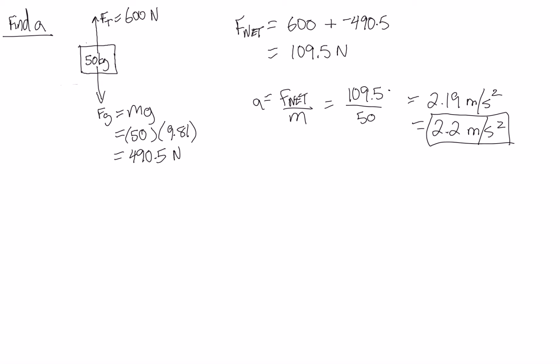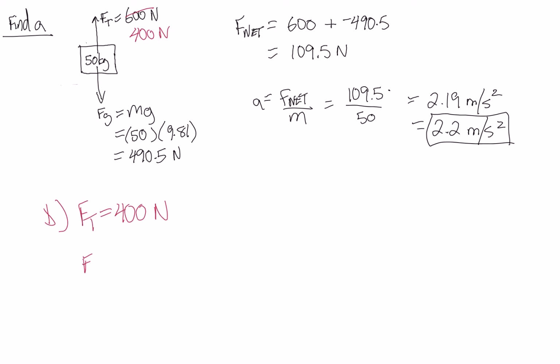Okay, so pretty easy question. The work in this question is calculating the net force first, and then finding out the acceleration. So let's just suppose we change this question. Let's suppose instead of being 600, the force of tension now changed to 400. So how is that going to change the question?